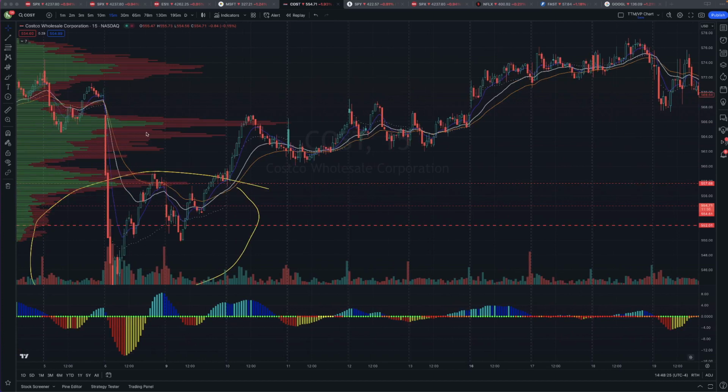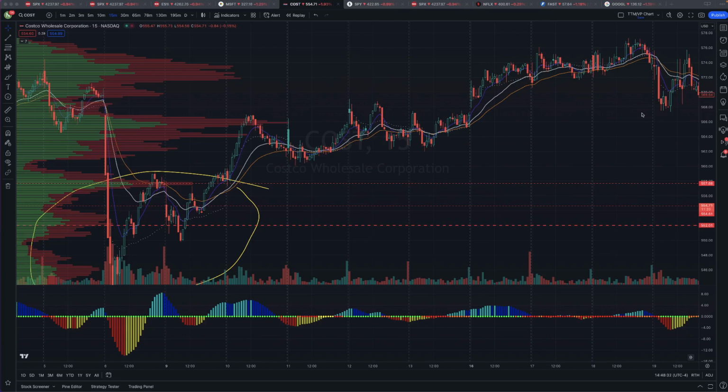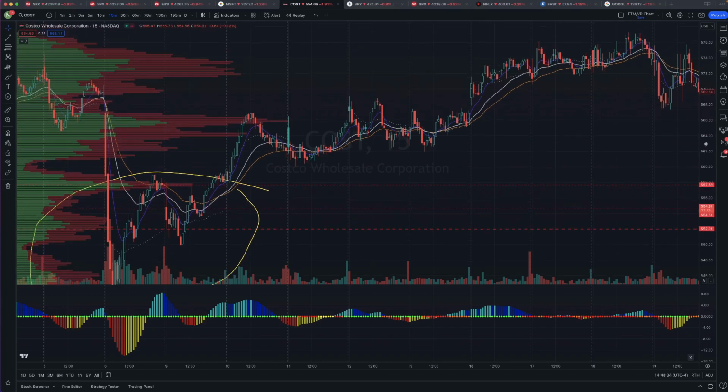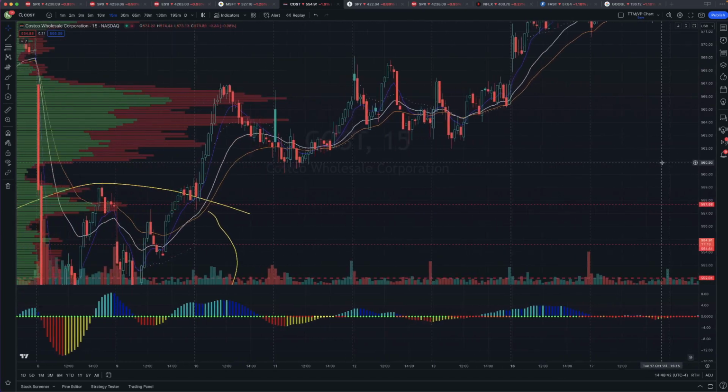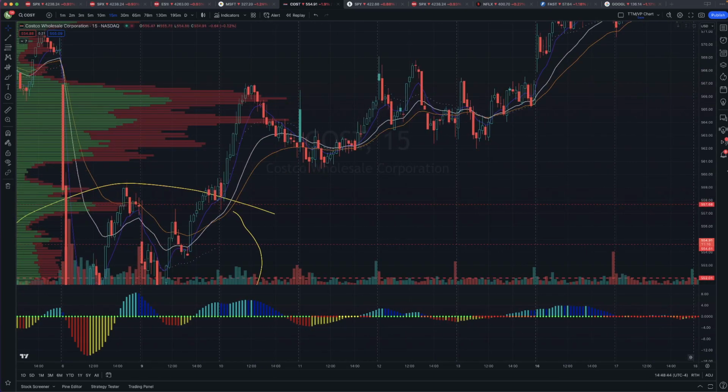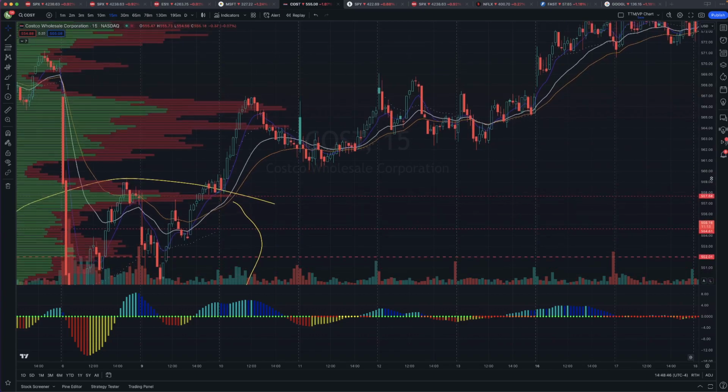Bruce D, the role of these volume profile lines, volume at price, is to help us understand where the most people are. Okay, so let's look. Another way this is helpful is to look, let's see here.